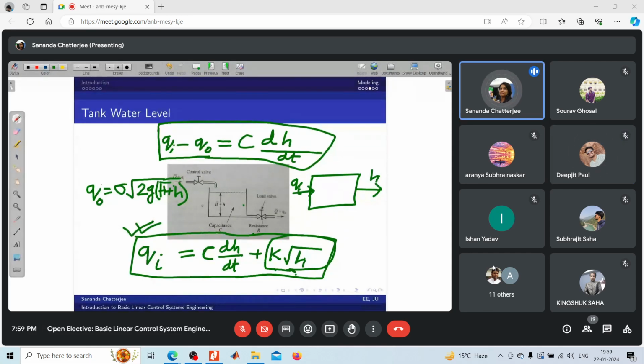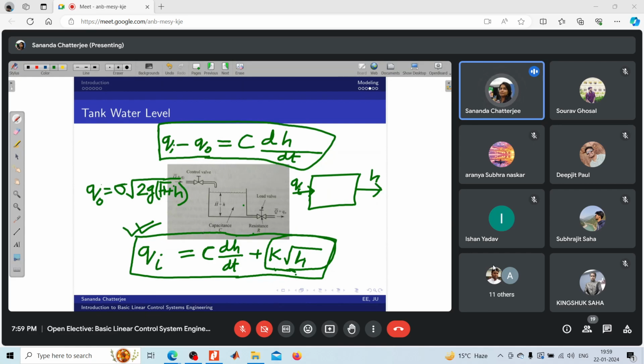What is the energy storing element here? The tank itself. The tank is storing the water, and then energy is stored in the tank. So there is only one energy storing element here. That's why the order of the differential equation is 1.